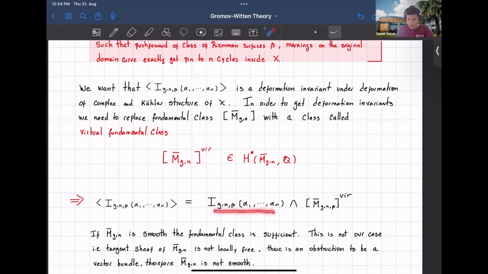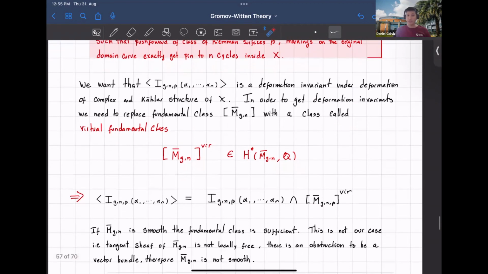It's just the Gromov-Witten class capping with the virtual fundamental class. Of course, the virtual fundamental class is a big subject. It is hard to explain in the time that I have, because I have to cover a lot, but you can see more information about how to define these virtual moduli spaces in the reference that I already gave.